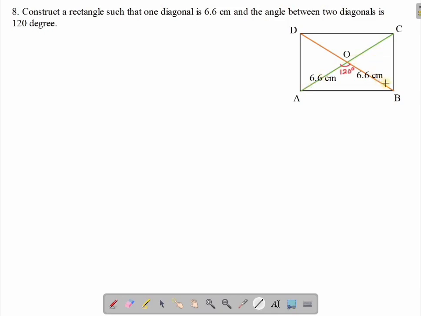You know that when the diagonals get bisected at the point O, then OB or OD, whatever you take, it will be 3.3 centimeter each. So let me first draw the line AC.